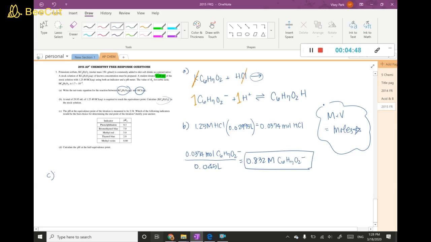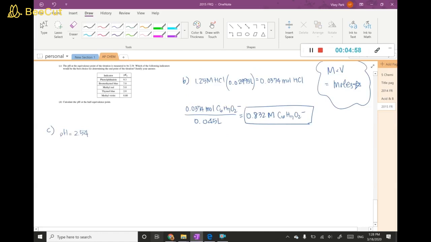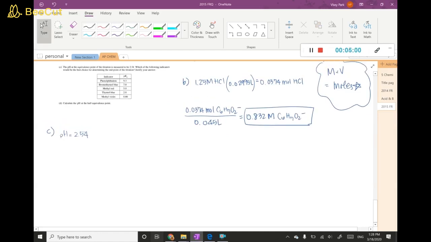And what is C? It says the pH at the equivalence point of the titration is measured to be 2.54. So pH is 2.54, all right? And which of the following indicators will be the best choice for determining the endpoint of the titration?